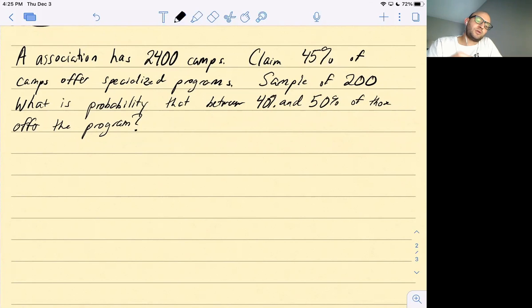Okay. So let's do this. So we have P equals 0.45. The sample size N is equal to 200. And the 2,400 actually isn't, let me think here.